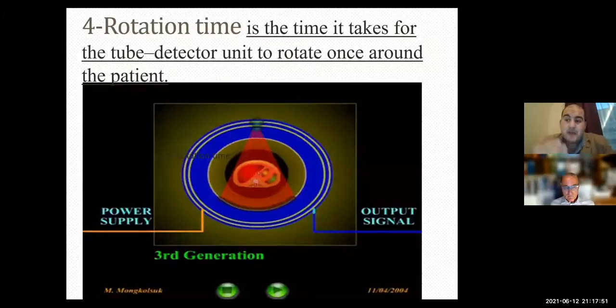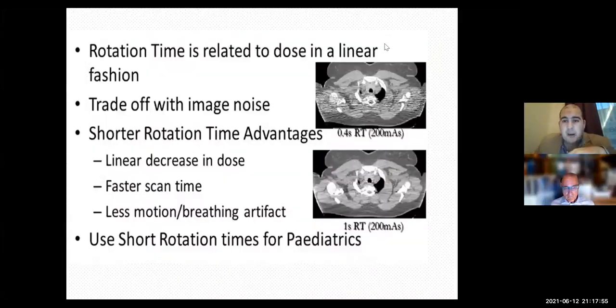If it is faster, that means we are reducing the dose. So you have to select very well what is the optimum rotation time for the patient. As you see here, this image has photon starvation artifacts in comparison to this image, where the rotation time is 0.4 seconds, but here the rotation time is 1 second. So higher exposure, less noise, but higher patient dose.